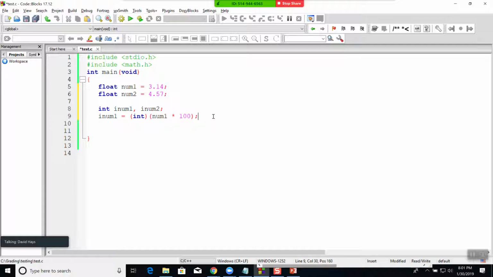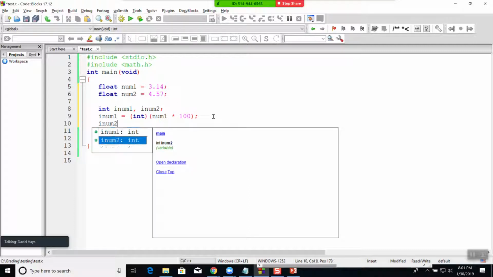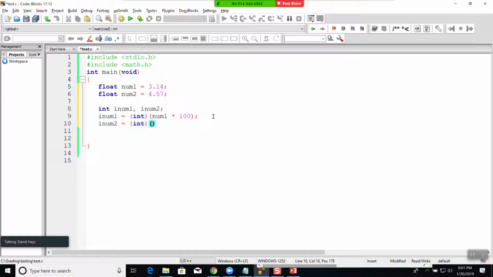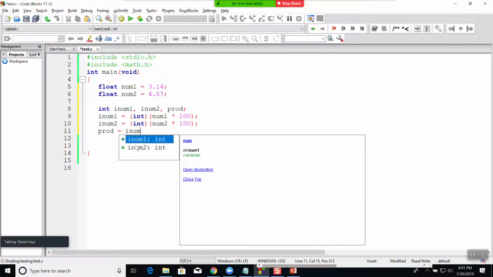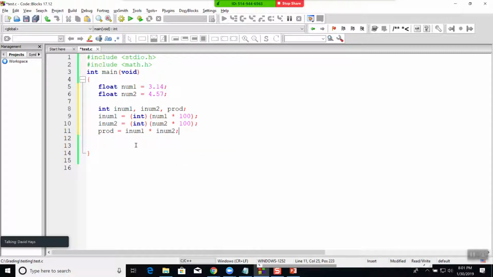We'll see. And then I could do the same thing for num2. Now both of those are integers, and I haven't lost any precision. So I can say my product is equal to int num1 times int num2.